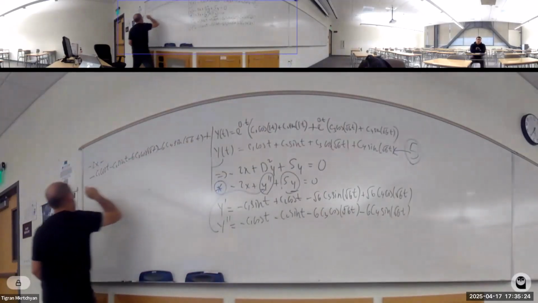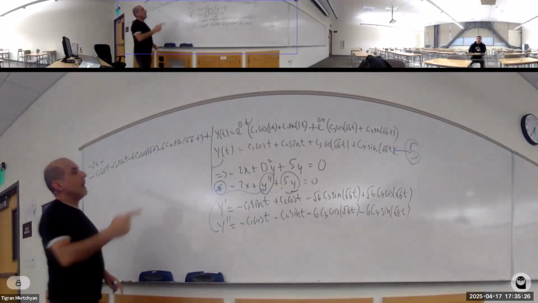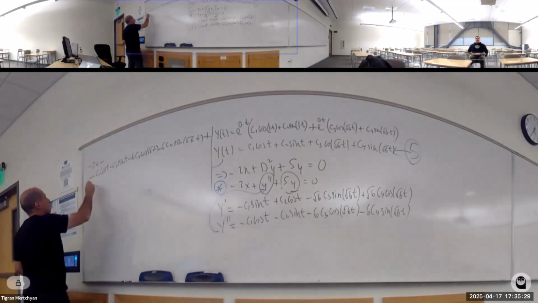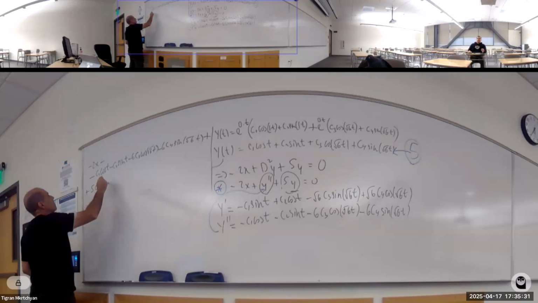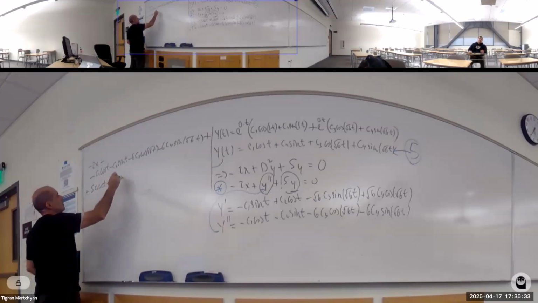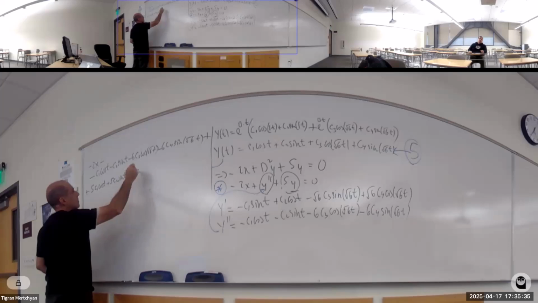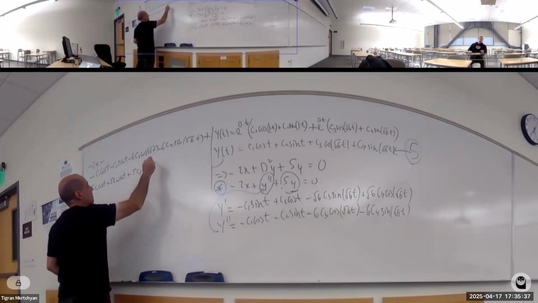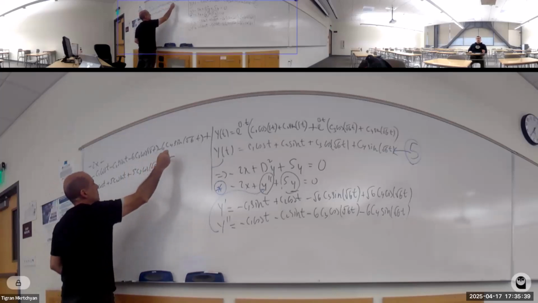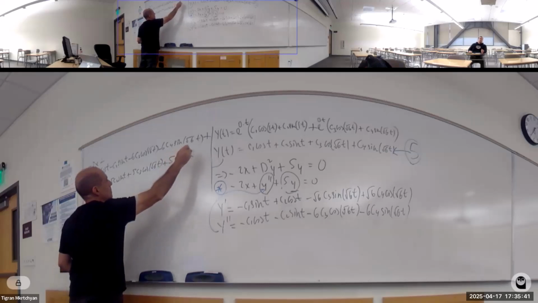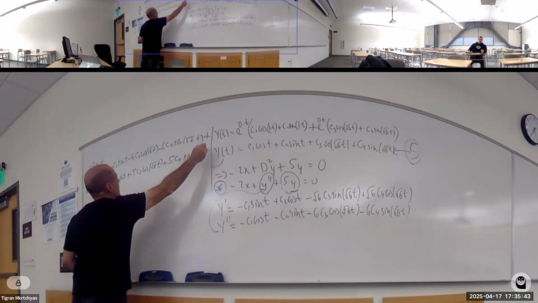I just put here plus 5 C1 cosine t plus 5 C2 sine t plus 5 C3 cosine square root 6t plus 5 C4 sine square root 6t.